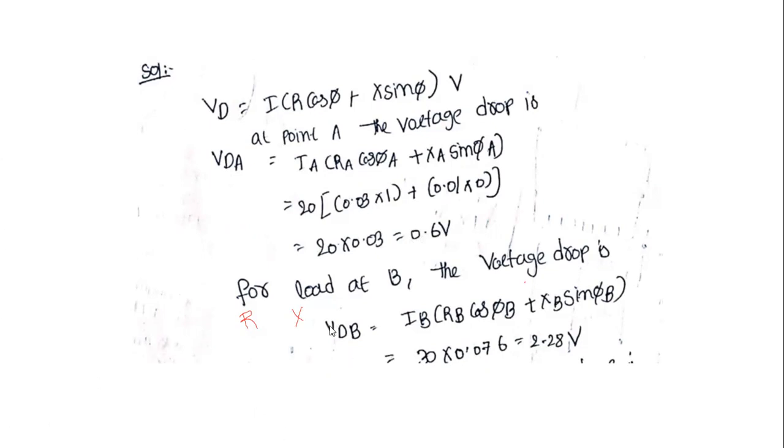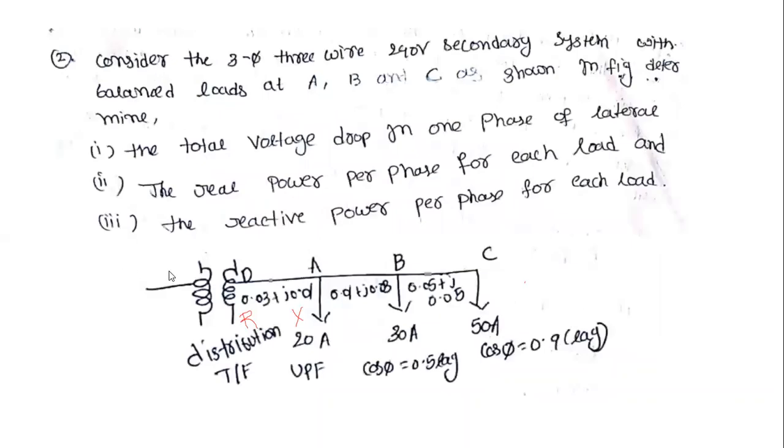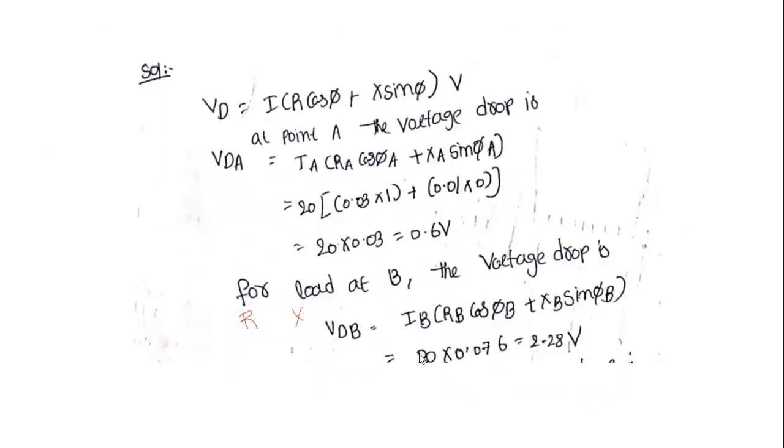Next, we calculate for load at B. For load at B, the voltage drop VBD is calculated using the formula VBD equals IBD into RB cos phi B plus XB sin phi B. The IB value is 30 amperes, cos phi is 0.5, and the resistance across the A to B section is 0.01 and reactance is 0.03.